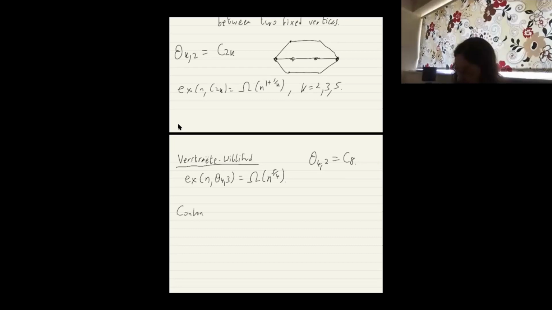There's a result by myself which says that for all k, there is some l much larger than k, and I don't really have any good control on how large l is, such that the extremal number of theta_{k,l} is at least what it should be, n to the 1 plus 1 over k.